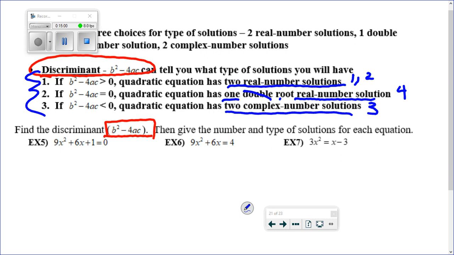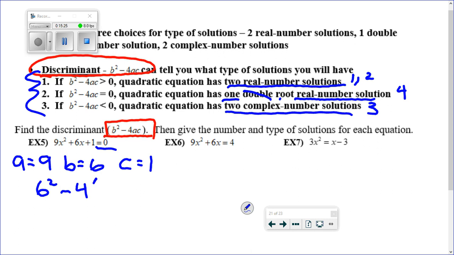You want to set it up in standard form first. So sample 5 is good to go, right? We're already equal to 0. That's check 1. So think about our A is 9, our B is 6, and our C is 1. So I'm not doing the full-on quadratic formula. I'm just doing that B squared, which would be 6 squared minus 4 times A, which is 9, times C, which is 1.